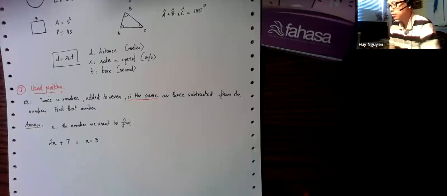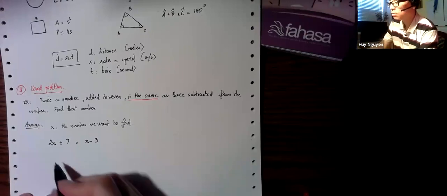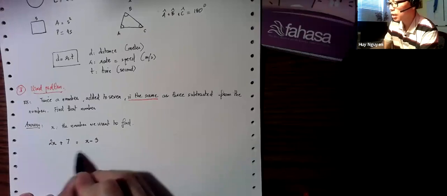And now we have a linear equation. You see that? We use the information in the word problem to set up an equation with the variable we want to find. Then we solve for that variable. 2x minus x, on both sides, gives you x.